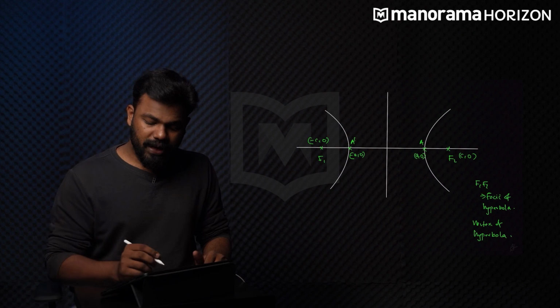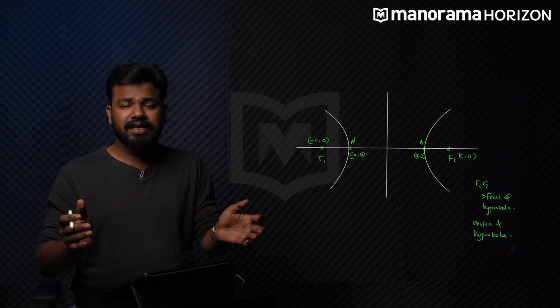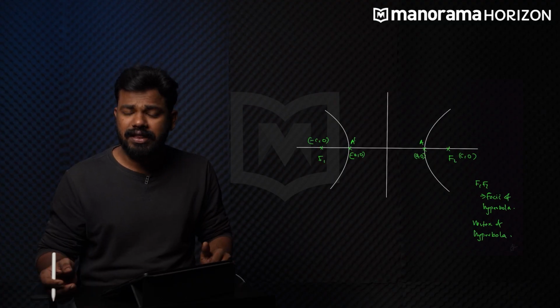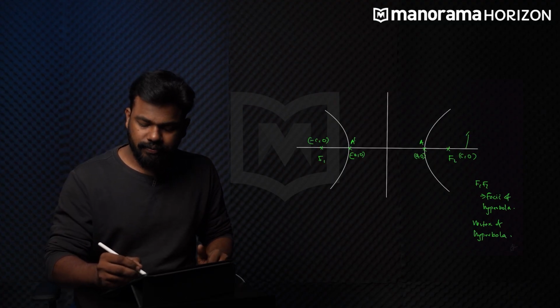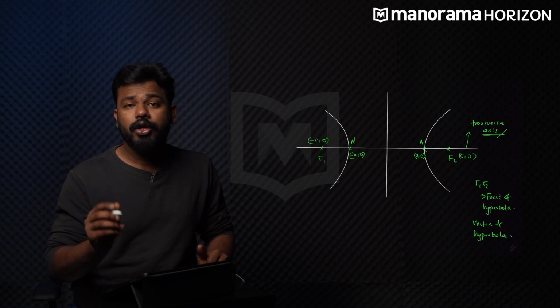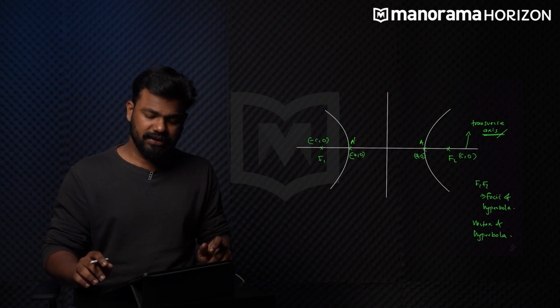And now you can see that there is an x-axis, a horizontal axis, and there is a vertical axis. The horizontal axis is called the transverse axis. So what do you call the horizontal axis in a hyperbola? You call it by the name transverse axis.